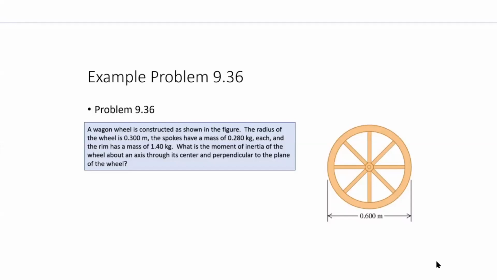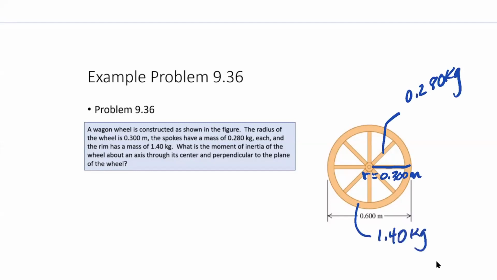The wagon wheel is shown in the figure. The radius of the wagon wheel is R equal to 0.300 meter. The mass of a spoke is 0.280 kilogram, and the mass of the rim is 1.40 kilogram.